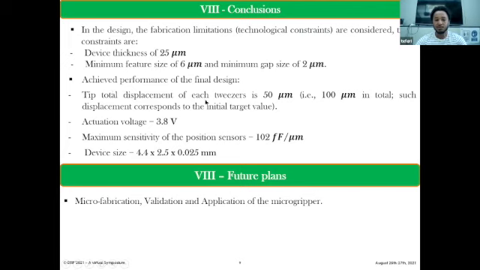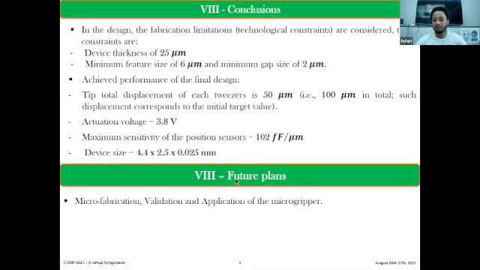Tip displacement of each tweezer is 50 micrometer, which means 100 micrometer in total. To get this displacement, the actuation voltage is 3.8 volt. And the maximum sensitivity of the position sensor is 100 to 10 farad per micrometer, and the device size is 4.4 by 0.5 by 0.025 millimeter.